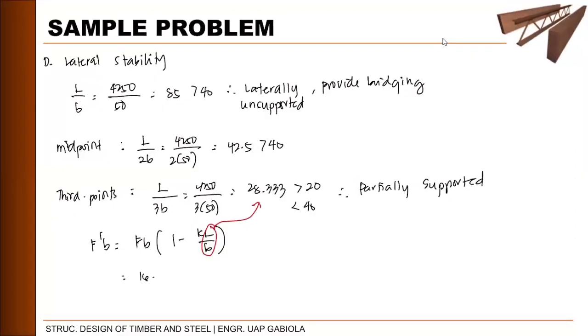So, 16.5 times 1 minus 28.33 all over 90. So, according sa table yan. F prime B is equal to 16.5 times 1 minus 28.33 over 90. We have 11.306 MPa. Okay?